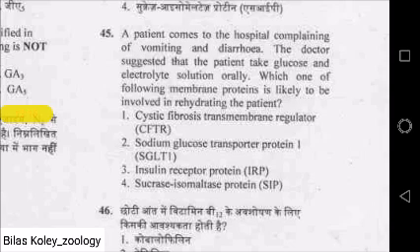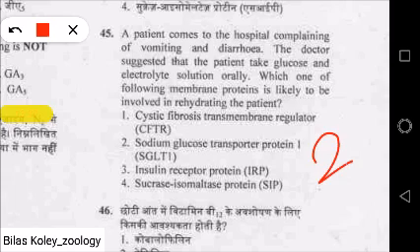The options are cystic fibrosis transmembrane regulator, that is CFTR, sodium glucose transporter protein 1, that is SGLT1, insulin receptor protein, that is IRP, and sucrase isomaltase protein, that is SIP. In this question, the right option is option number 2.